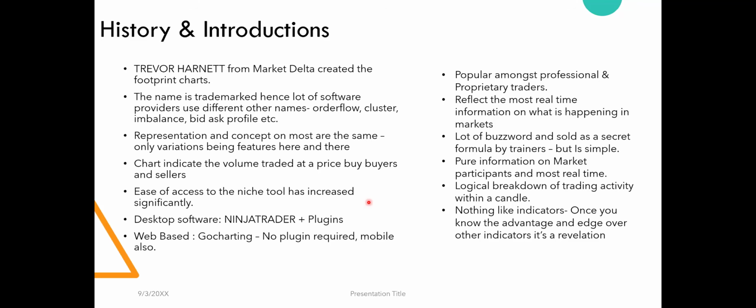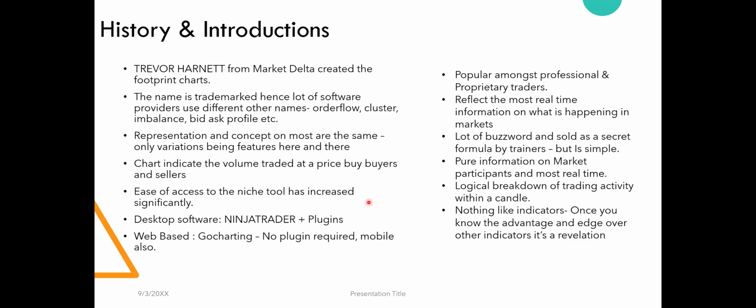Now, why order flow? If you look at any prop desk across the world who are genuinely day trading, genuinely trading size, they rely on this as one of the most important go-to indicators, the DOM, the order book, etc. They don't rely much on MACD, RSI, and all those things.